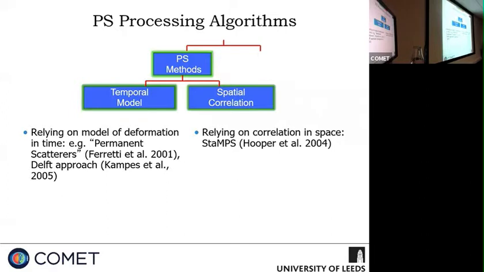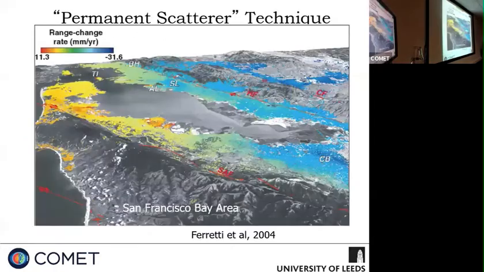We have methods that use a temporal model, so they try to model the phase behavior of every pixel in time, and then estimate the noise from that. Or there are methods that try to use spatial correlation. If you look at an interferogram, you see your phase, and interferograms with the highest coherence are the ones that show spatial correlation in the phase value. So we'll start with the temporal model.